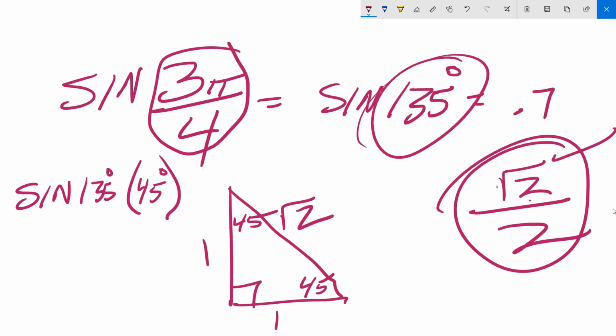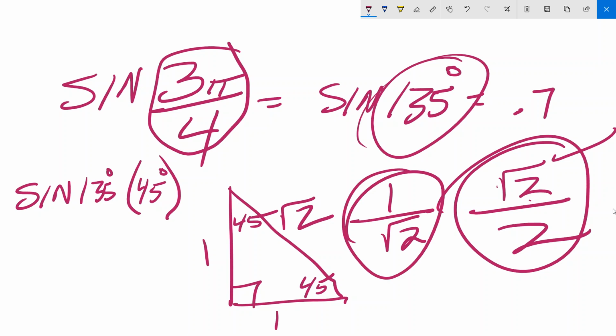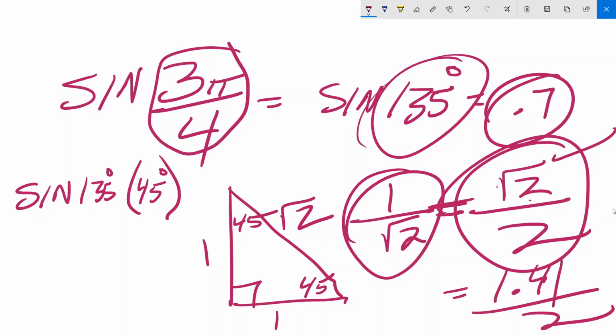Do it from looking at this triangle. Opposite over hypotenuse. Notice that that's hard to figure out what that is, so let's rationalize it. Same thing as root 2 over 2. And root 2 is about 1.41. Divided by 2, that's where you get the 0.7.